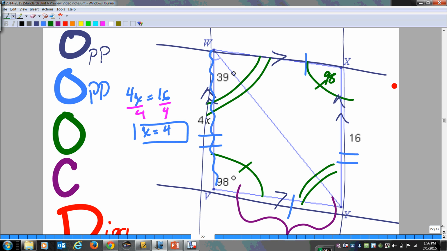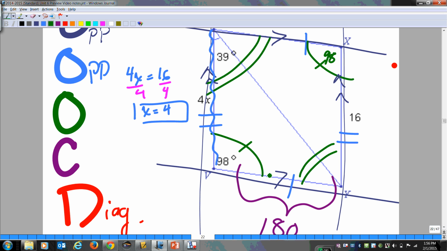Consecutive angles are supplementary, which means this angle and this angle add up to 180. That makes this 102, because 180 minus 98, that's not 102, just a second. It's 82.